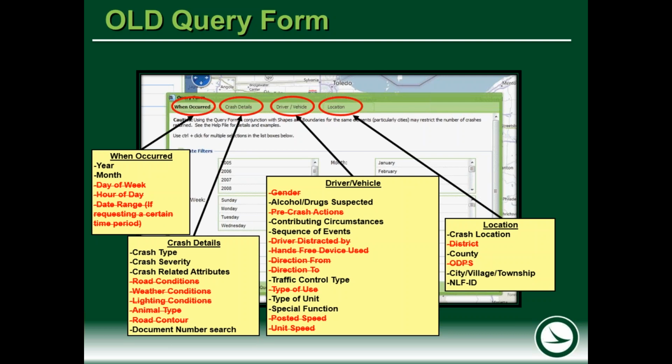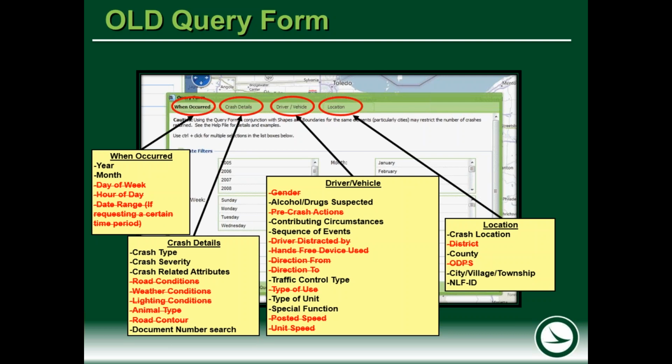I just want to make a note here that the items in black that you see on the screen will remain on the query form in the TIMS program. And the items in red, we have essentially removed from the query form, and that's only the ability to search on them.